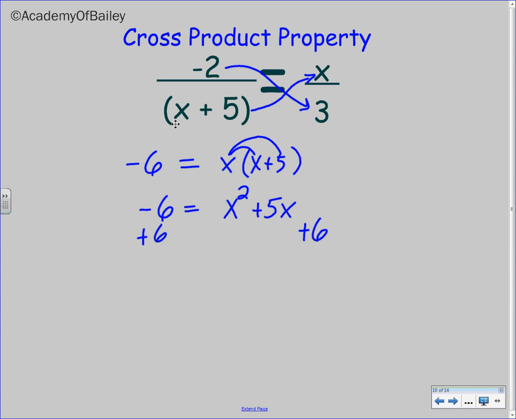When you add 6 to both sides, you're going to get x squared plus 5x plus 6.